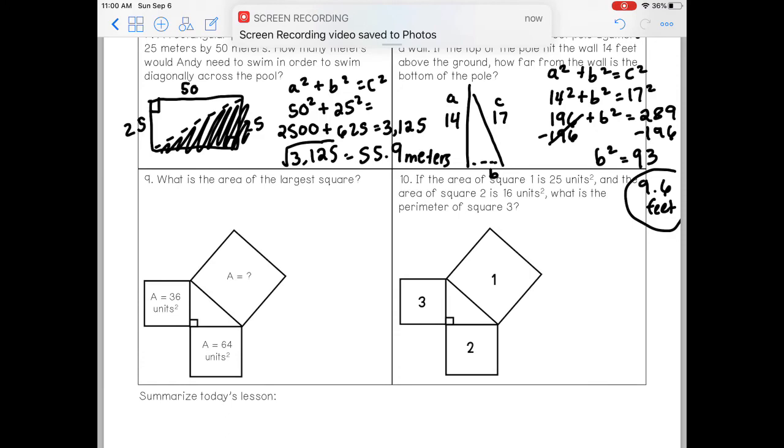All right, now we are solving for number 9. It says, what is the area of the largest square? Well, we are given 3 different areas. We're missing one. Remember, area is like saying base times height, or length times width. So the area of the first one, we need to find the side length so we can find A and B, right?